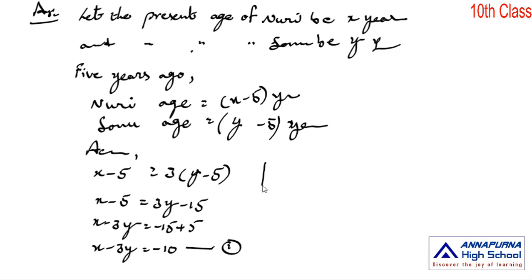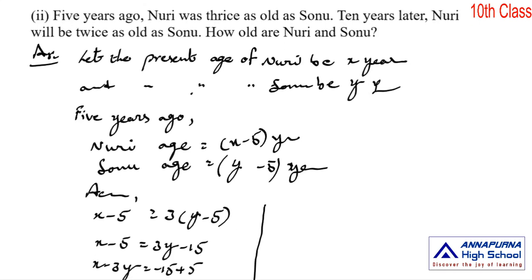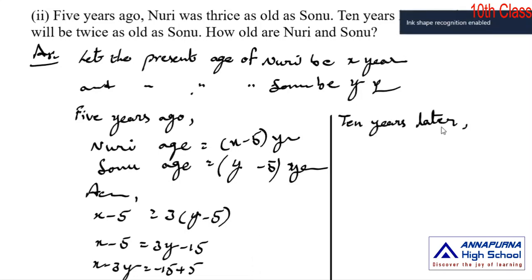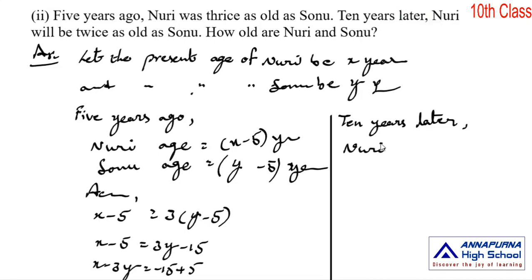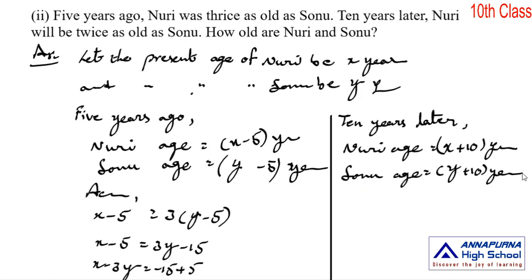And the second condition is 10 years later. 10 years later, Nuri is, that means after 10 years, Nuri's present age is x years. So after 10 years, her age is x plus 10 years. And Sonu is y plus 10 years according to the question.